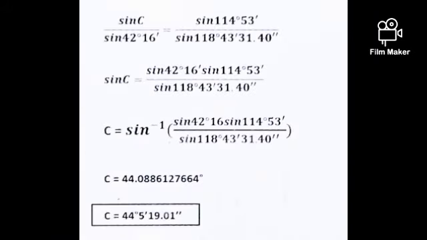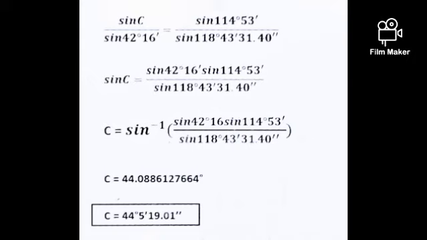After the substitution, we get the equation sine capital C over sine of 42 degrees 16 minutes equals sine of 114 degrees 53 minutes over sine of 118 degrees 43 minutes 31.40 seconds. Again, we multiply sine of 42 degrees 16 minutes by sine of 114 degrees 53 minutes, and you should get sine C equals sine of 42 degrees 16 minutes multiplied by sine of 114 degrees 53 minutes over sine of 118 degrees 43 minutes and 31.40 seconds.